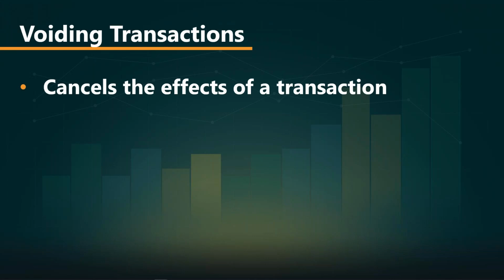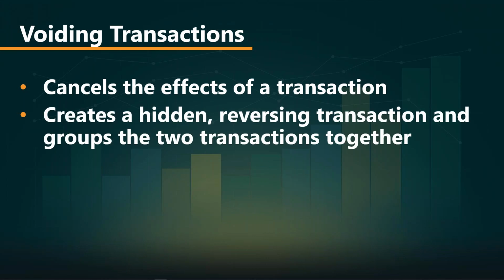So instead of it just going poof and there's no trace of it, it actually creates a reverse transaction in the background of the software, and then groups those transactions together, which effectively cancels them both out.